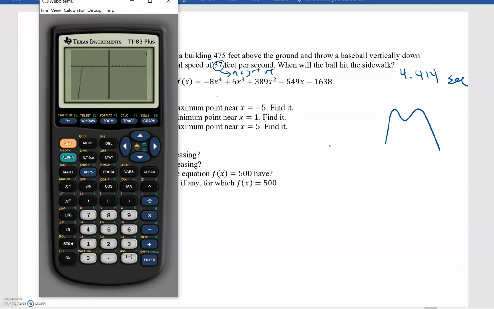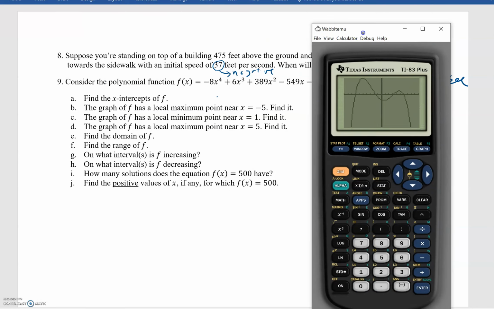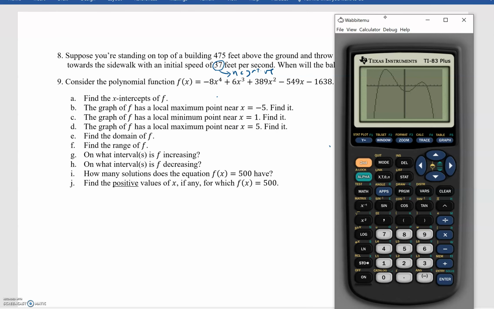I'm just roughly approximating what I think will be a reasonable picture. Still a little too much, but usable. Okay, so now let's go to the questions. We want to find the x-intercepts. We want to find the local maxes and mins and domains and ranges.